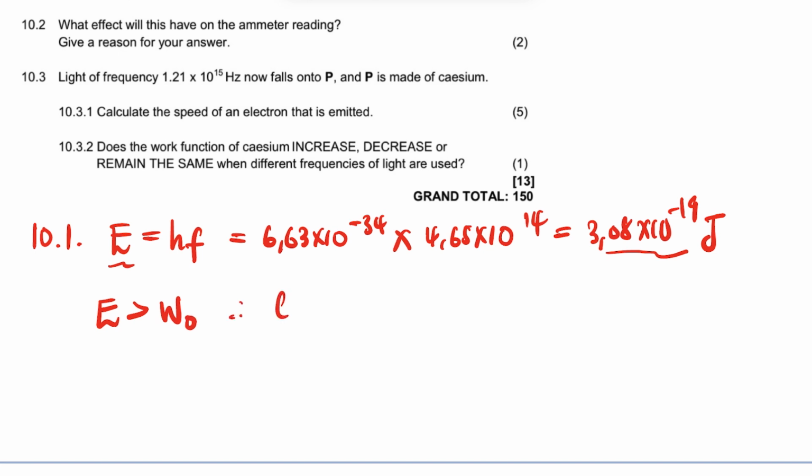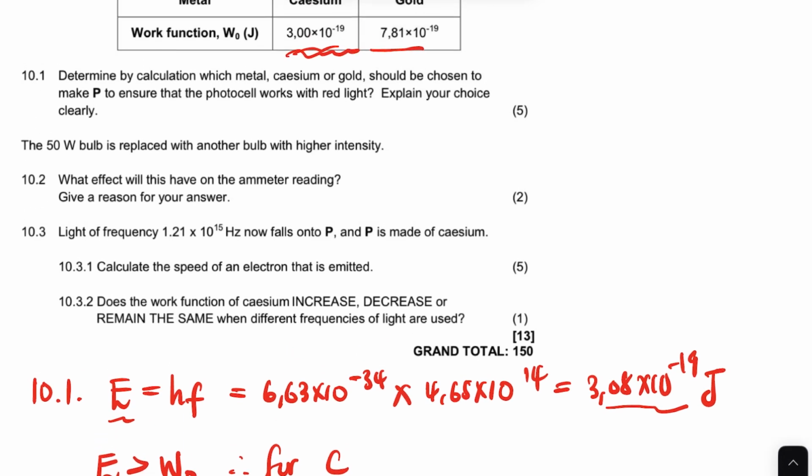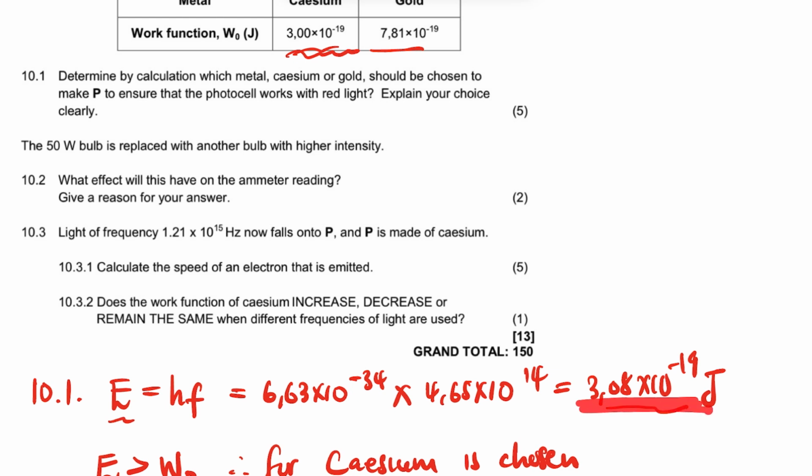Therefore, cesium is the one that is going to be chosen. Why? Because the energy of this light is bigger than the work function of cesium.